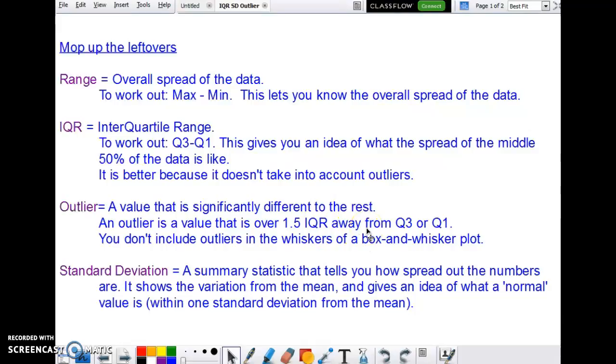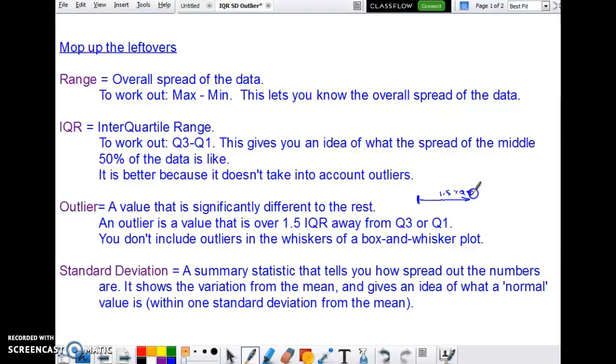So you go at Q3, okay? Say you're at Q3. An outlier is going to be anything that is over 1.5 IQR above Q3. Okay?